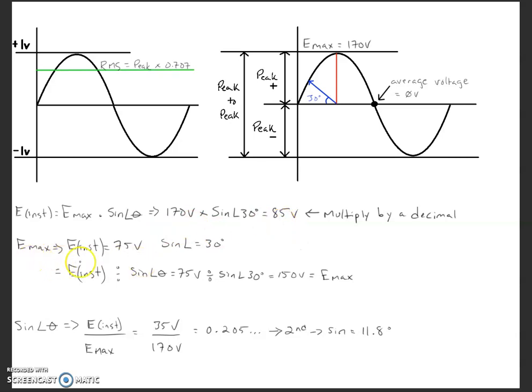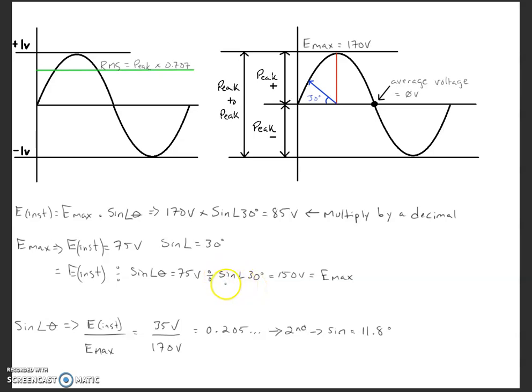So, E instantaneous, Emax, we ended up with 85 volts. Emax, so your E instantaneous was 75, sine angle 30. So we're trying to find the Emax. You know sine is going to give you a decimal. There's only one way to do this: the ratio of the voltage to the sine of the angle, 75 volts divided by the sine of 30 degrees.